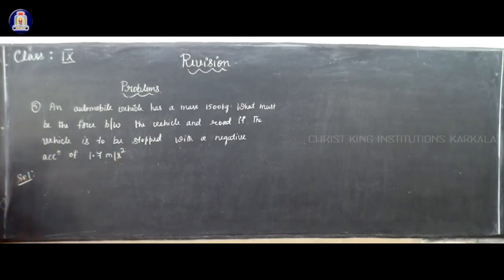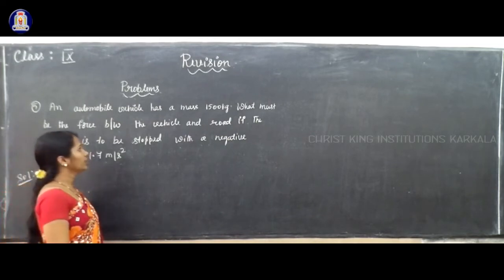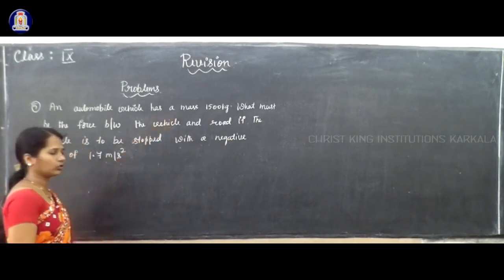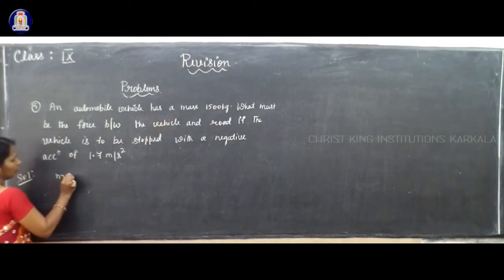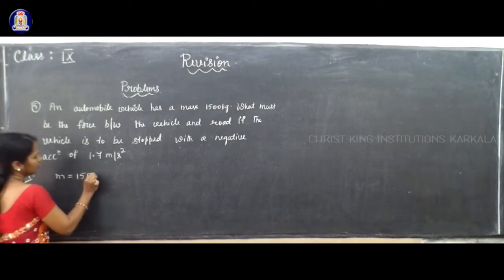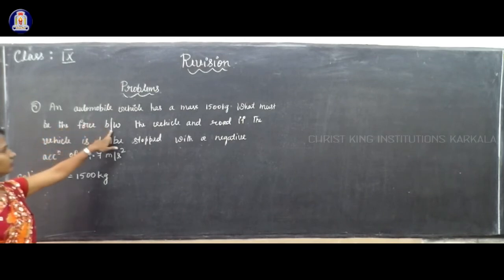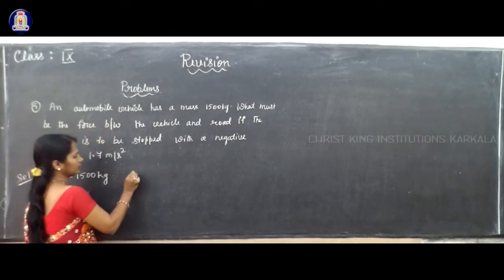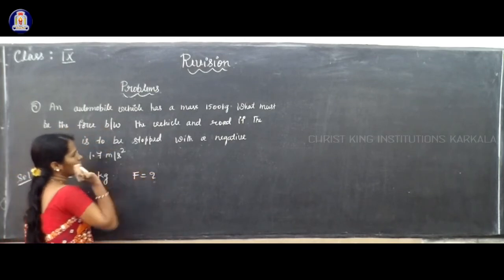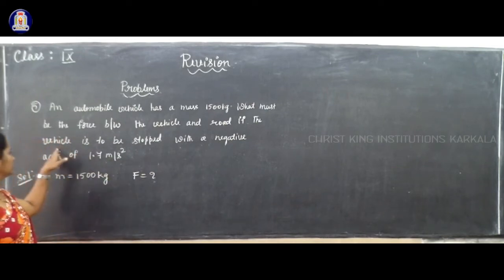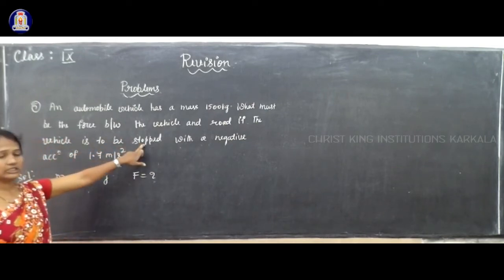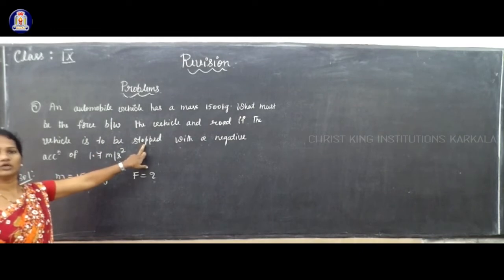Solution. So question, an automobile has a mass m equal to 1500 kg. What must be the force? We are going to calculate F equal to how much? If the vehicle is to be stopped, vehicle is going to stop.